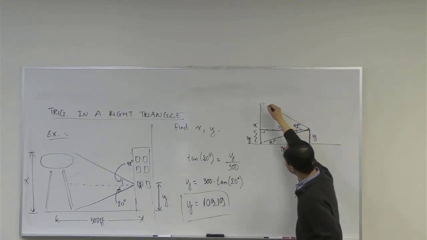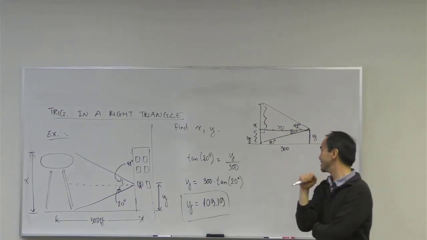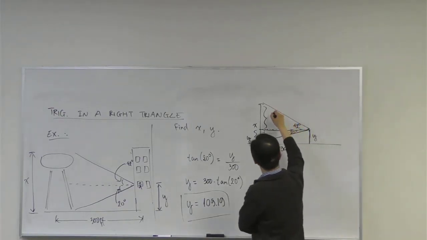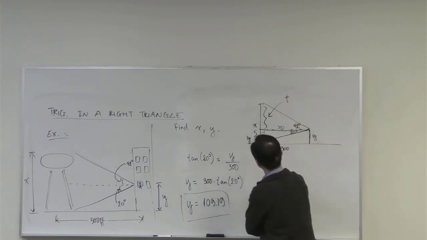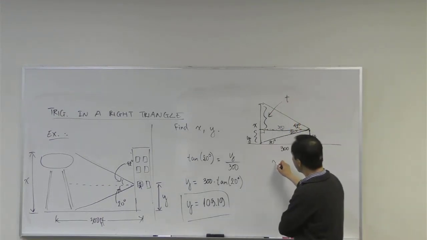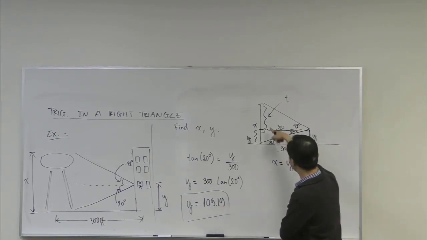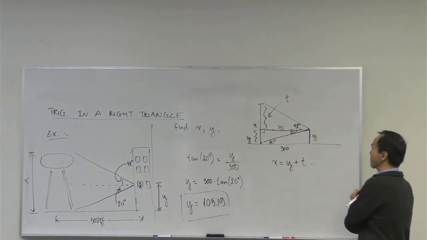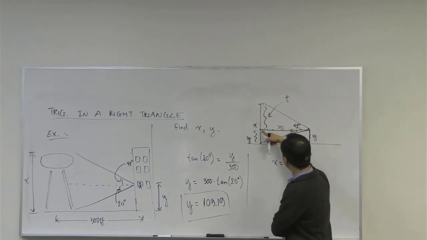And so what matters is we find this unknown length. See what I mean? Let's give it a name, like the unknown there. Let's call that t. So keep in mind that x will be y plus t. Right? y was 109.19, and t is the unknown we're about to find out. So this length t right here is going to be the opposite.